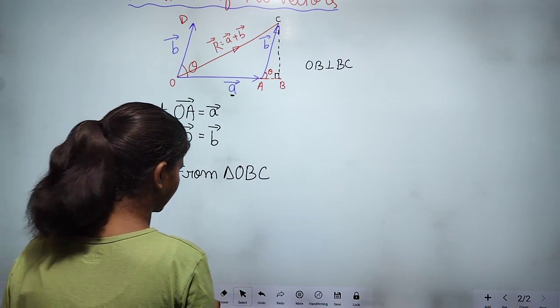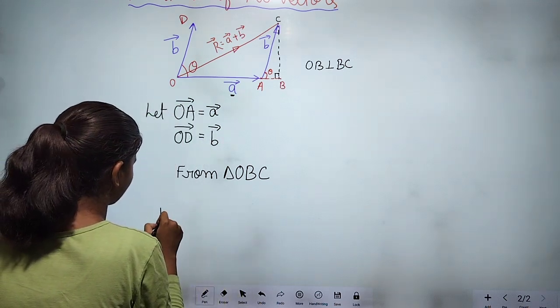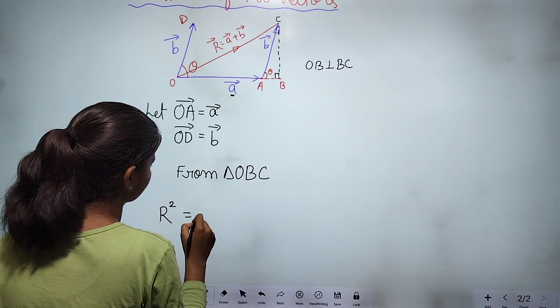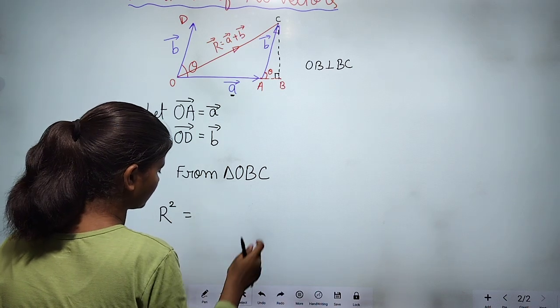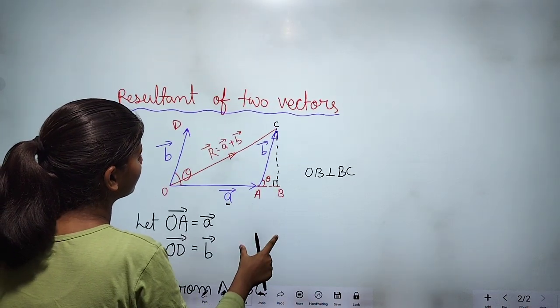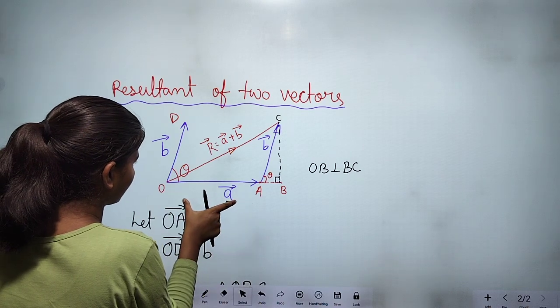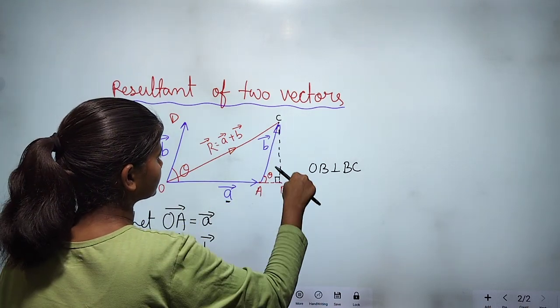So here we can write R square is equal to this square plus this square.